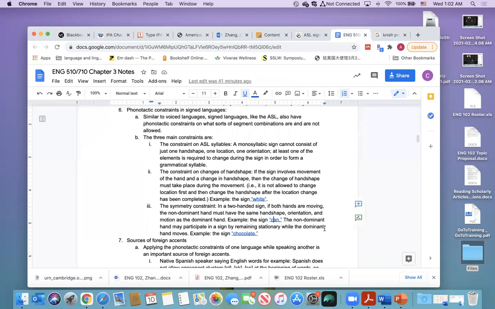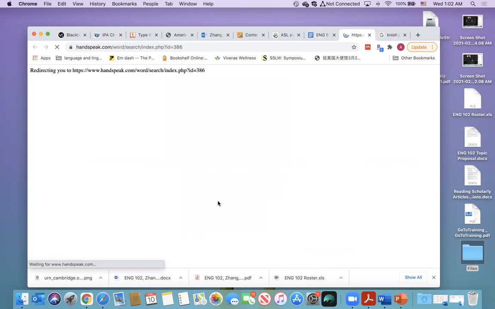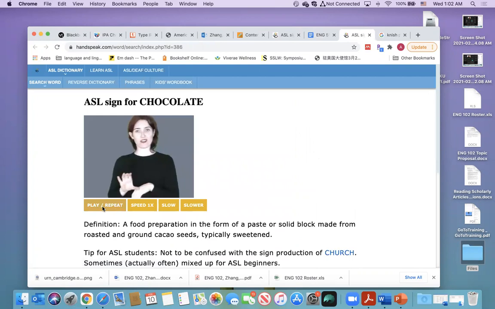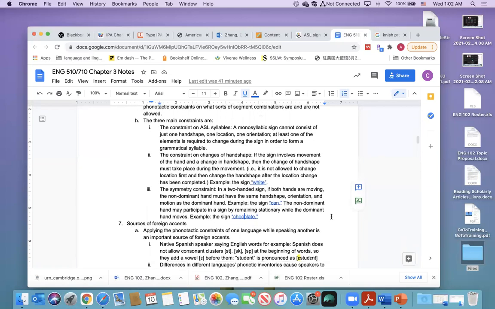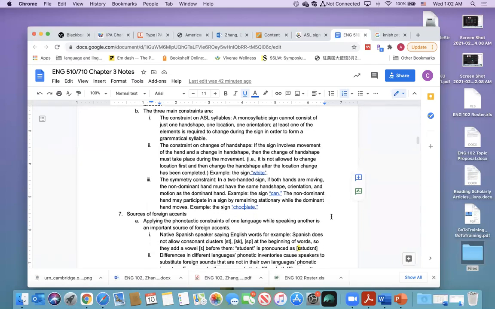However, it is possible for the non-dominant hand to stay stationary while the dominant hand moves, as in the example chocolate. As you can see, American Sign Language also has constraints in terms of its pronunciation, as shown in hand shape.